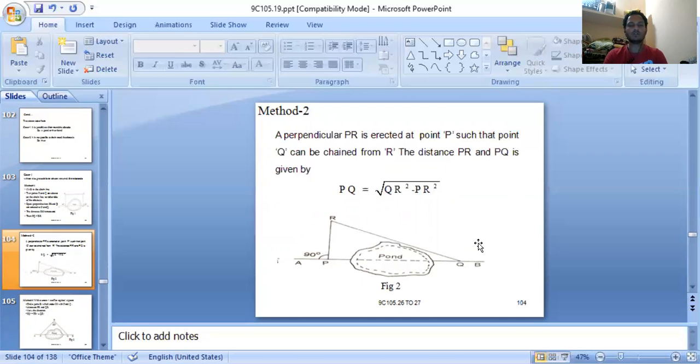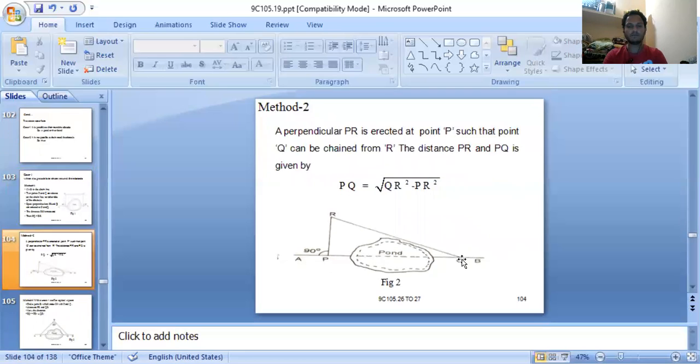This is also another method of calculating the obstructed length. Here simply we have to erect a perpendicular and draw a line which touches a point on the other side of the obstacle. So this is a right angle triangle. By using this right angle triangle, we can find out the obstructed length.